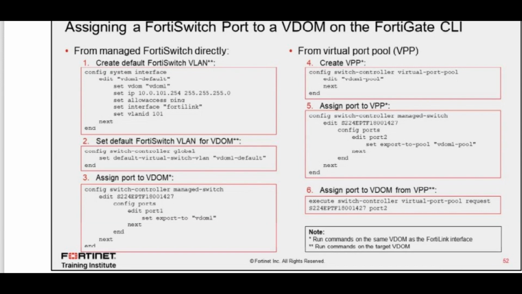VDOM-specific administrators can then pick one or more of those ports and use them for their respective VDOMs. Overall, FortiGate multi-tenancy setups with FortiSwitch provide efficient management and securing of network environments with multiple tenants, offering a balance between resource sharing, isolation, and customization.